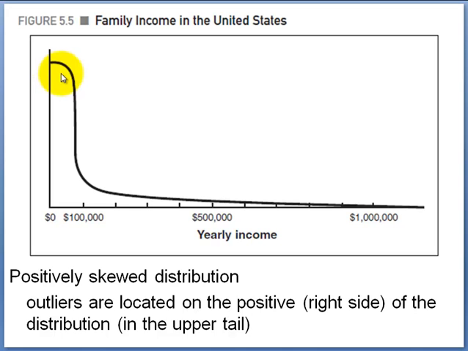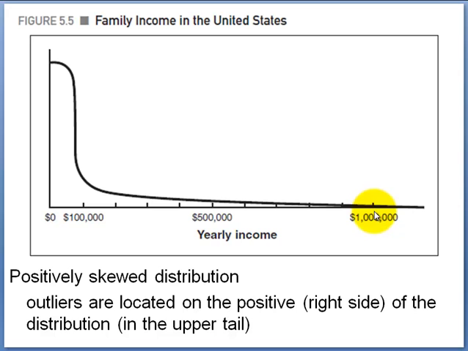This is conveying that most families in the United States have moderate or even low incomes, so this graph is depicting most incomes as being less than 100,000. On the other hand, income stretches out a long, long way in the positive direction. So that's where we get our elongated positive tail.